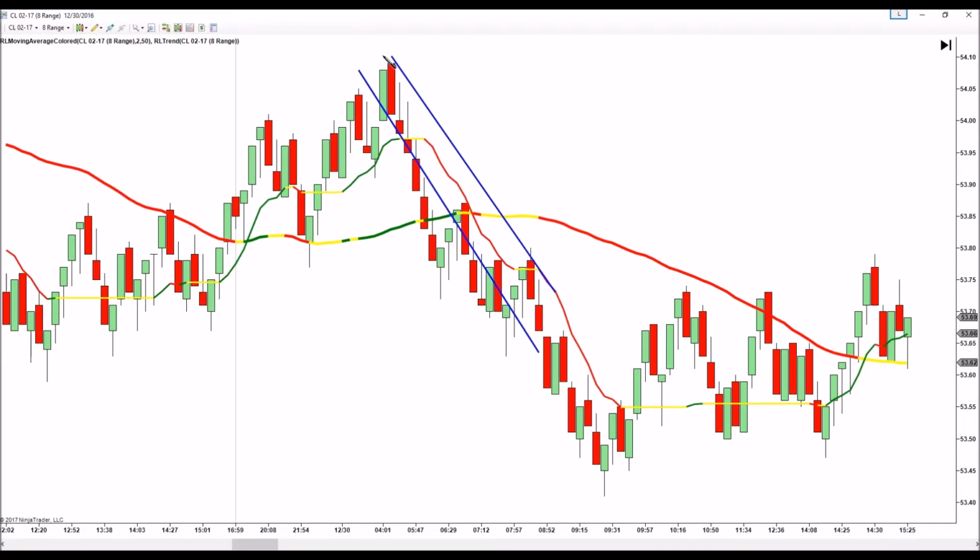It's really defined by this pivot, and this pivot, which gives you a short. And this pivot still, that's equal high, not quite a lower low, but you can trade it. It's coming off resistance of the higher channel right here.